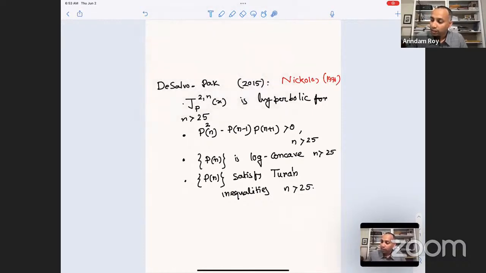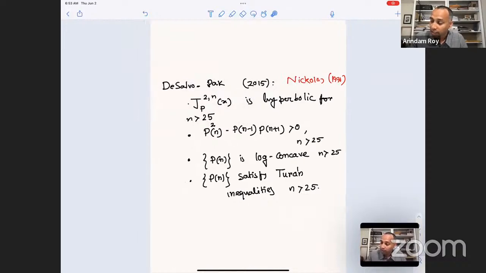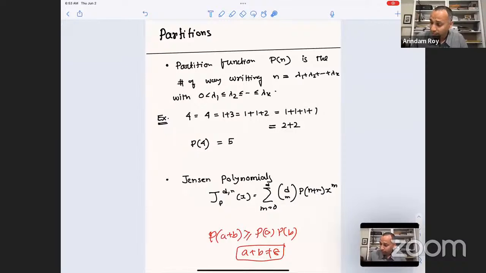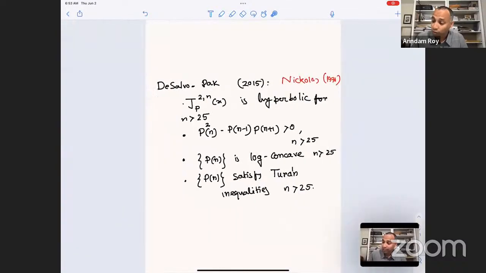So the first study was done by DeSalvo and Pak. They said that if you take d to be 2, so if you take the degree 2 Jensen polynomial, then this is hyperbolic for all n bigger than 25. Now, when you look at the degree 2 polynomial, this is actually a quadratic polynomial. So you are looking at all the roots being real. That means you are looking at the discriminant being positive, right?